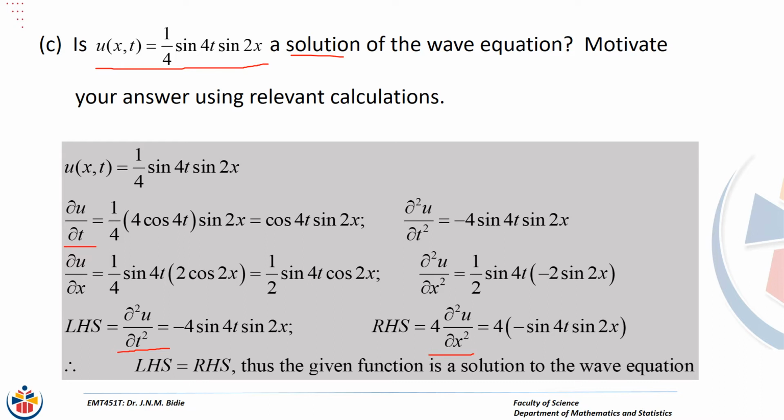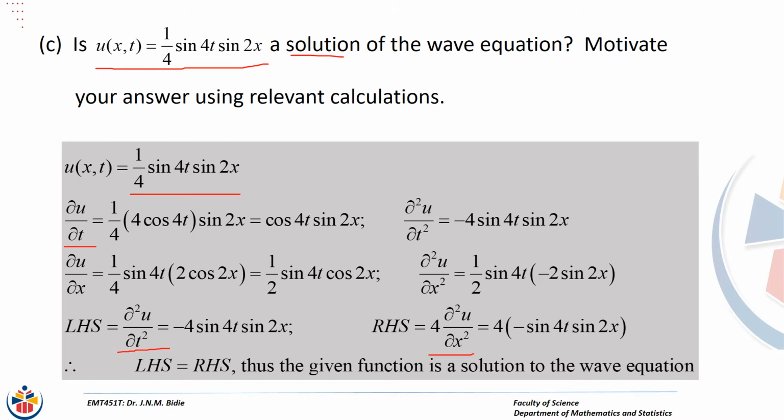So out of this function, 1 over 4 sine 4t sine 2x, you need to make sure that sine 2x is treated as a constant because you are differentiating here with respect to t.